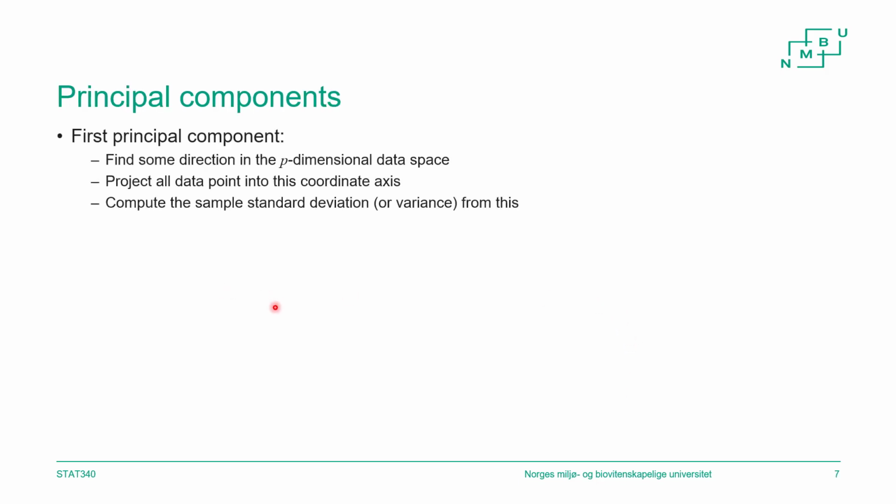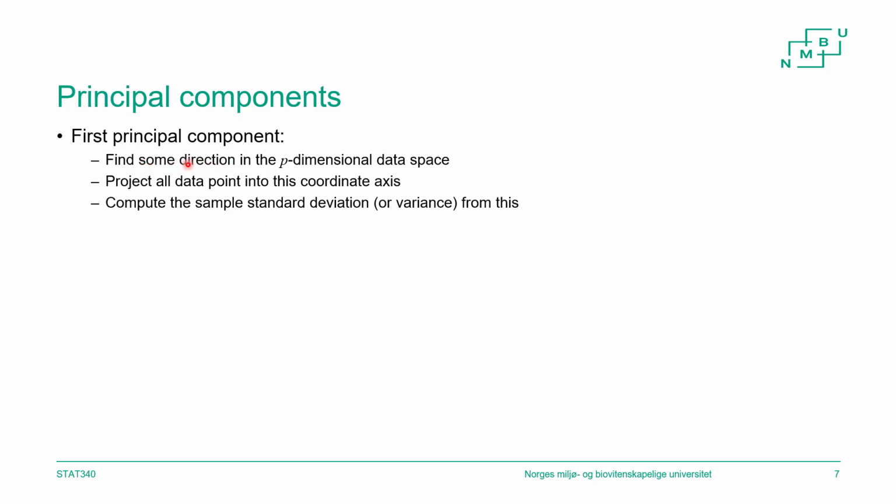So the principal components. The first principal component, how do we find it? Well, find some direction in this p-dimensional space. Project all data points onto this coordinate axis. Think of this as a new coordinate axis.